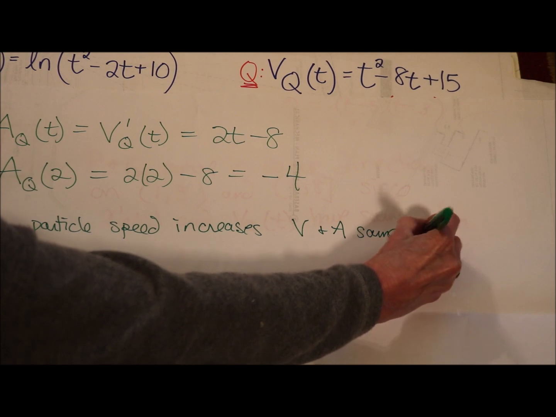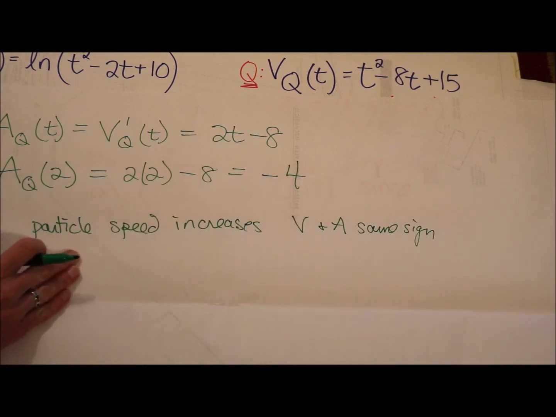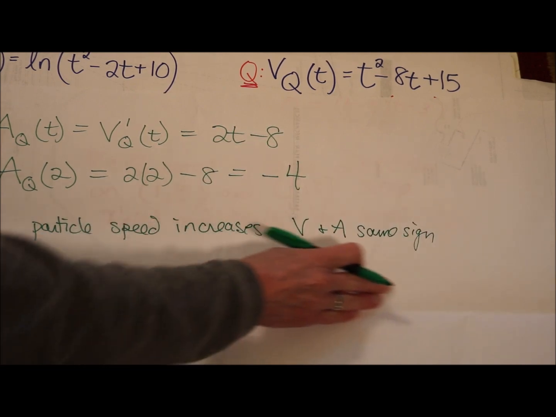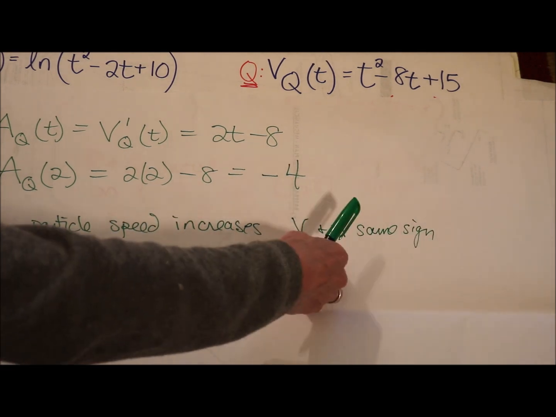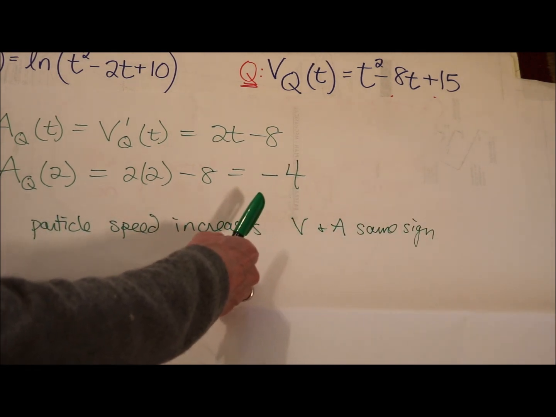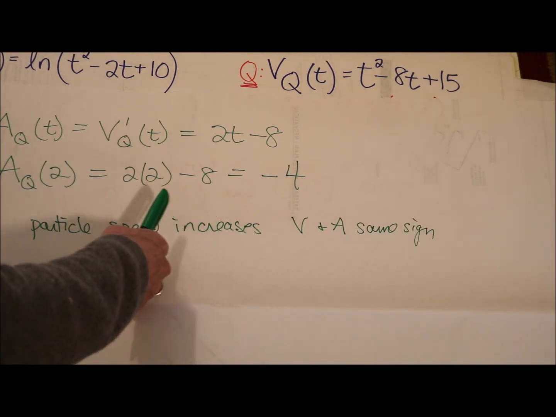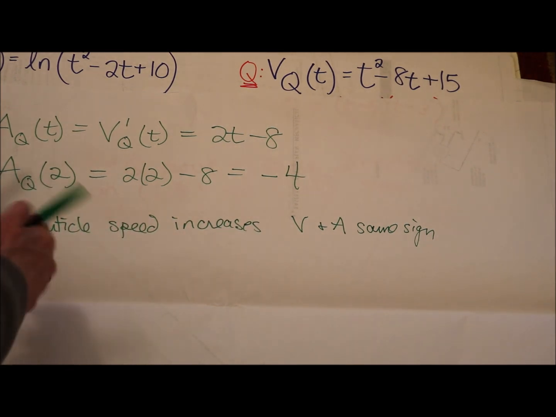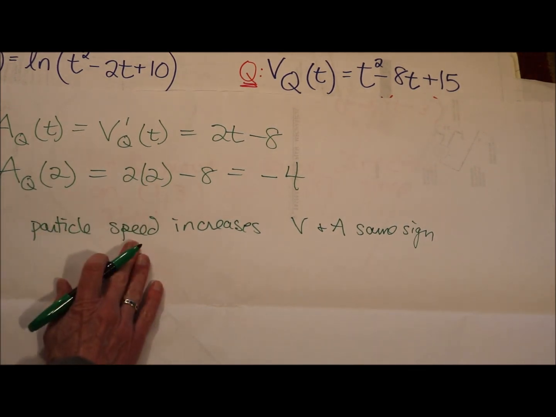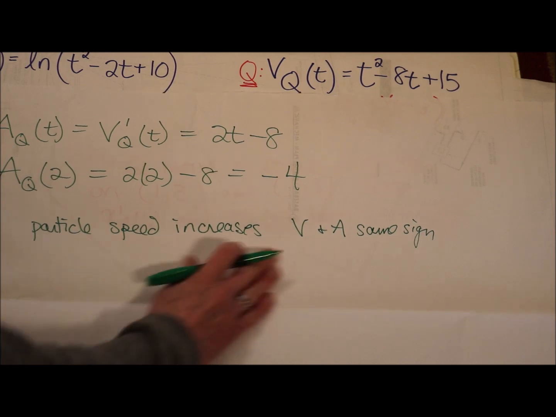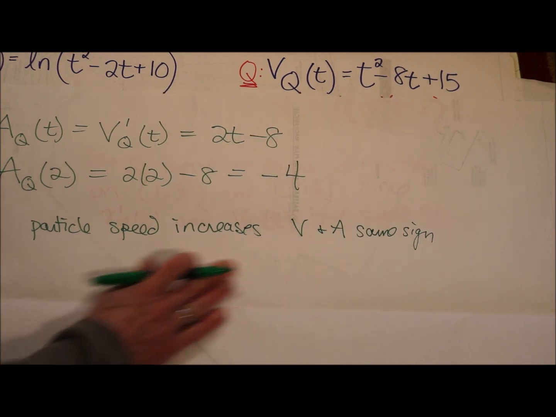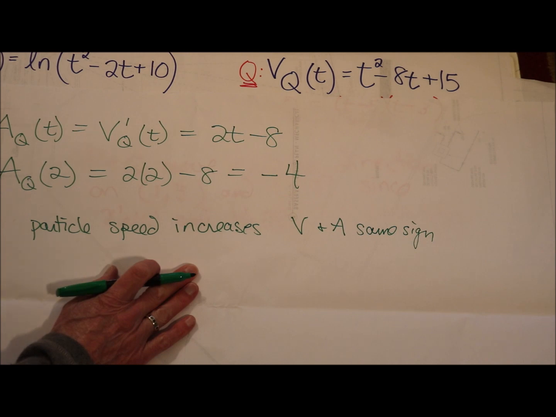In other words, if my velocity is positive and my acceleration is positive, I'm speeding up. If my velocity is negative, going to the left, and my acceleration is also negative, I'm speeding up. The particle will slow down, the speed decreases, only when the velocity and the acceleration have opposite signs.